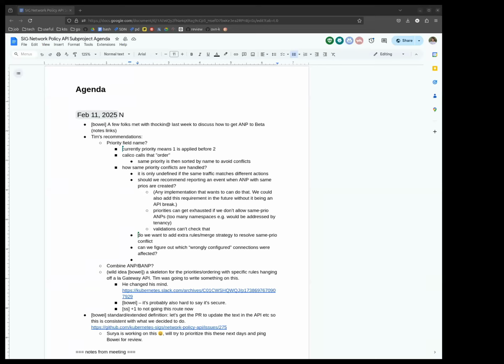So it's defined in that sense, but which tiebreaker is used between those rules is not defined. I think that's a good way to think about it. Given a particular piece of traffic, you only have one possible rule from each of the N policies at that priority that could apply, and then one of them gets picked.